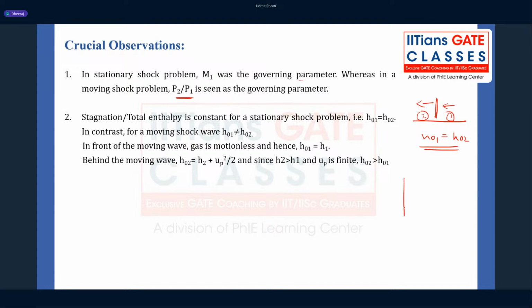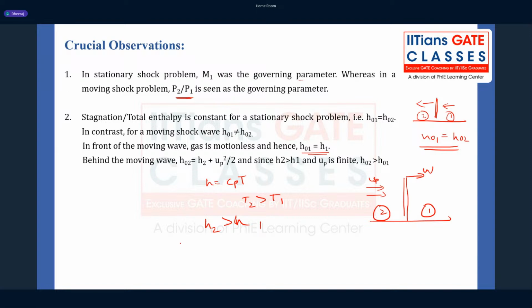But in my moving shock, region 1 is stagnant, right? So my H naught 1 is nothing but H1. And for H2, because of these induced velocities and high pressures, the temperatures will also be high. H is equal to Cp into T. So obviously my T2 will be greater than T1, so my H2 is greater than H1 for sure.